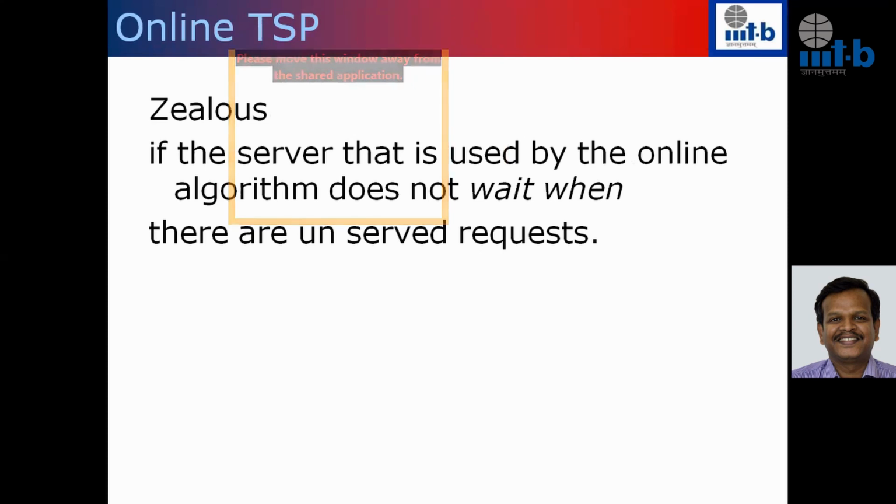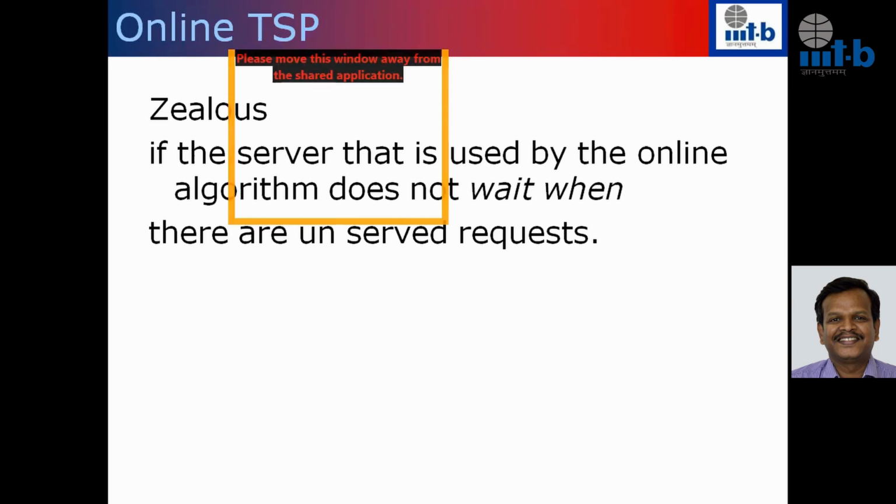An online algorithm is said to be a zealous algorithm if the server that is used by the online algorithm does not wait when there are unserved requests. So when there is some request to be served, you can always stop at a point and wait for more requests to come and then continue with your algorithm. In the case of zealous algorithms, that's not allowed.